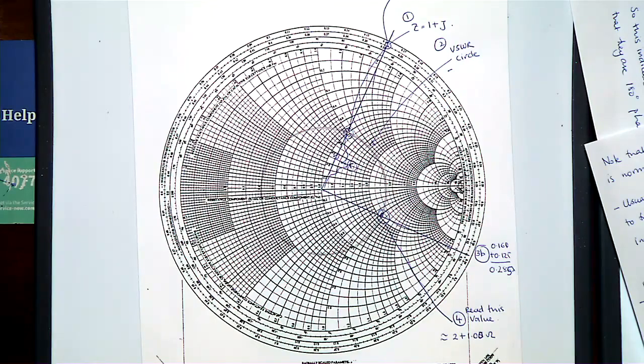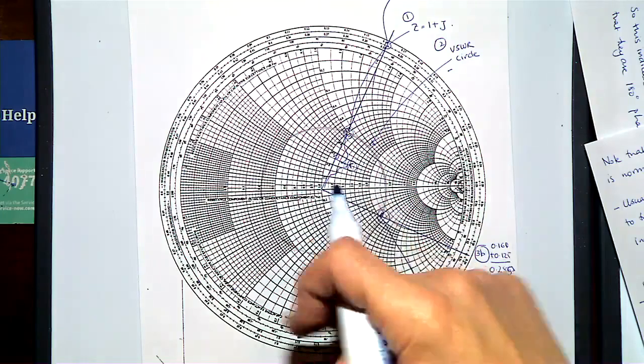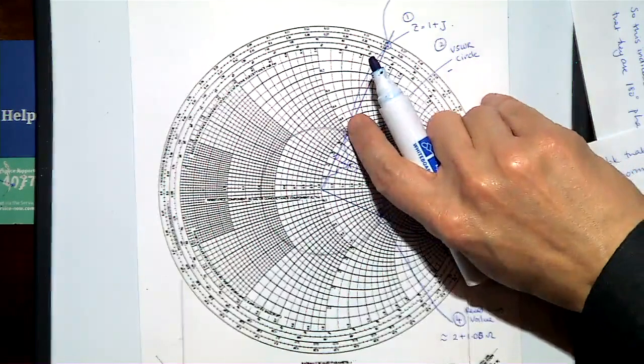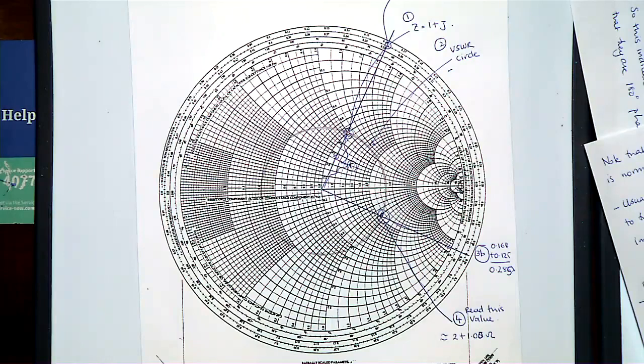And all that circle's doing is saying, what happens if my length went from L equals 0, which is the point itself, and then increases? What's Z in? That's all I'm saying.